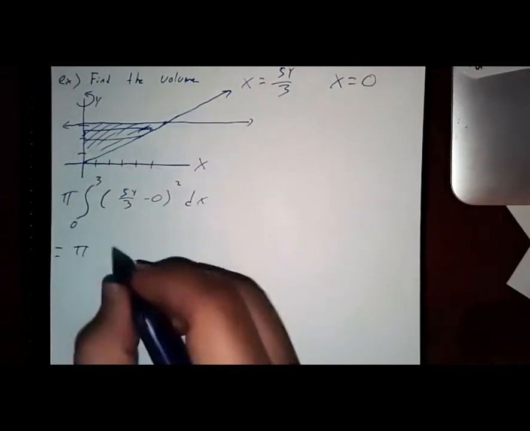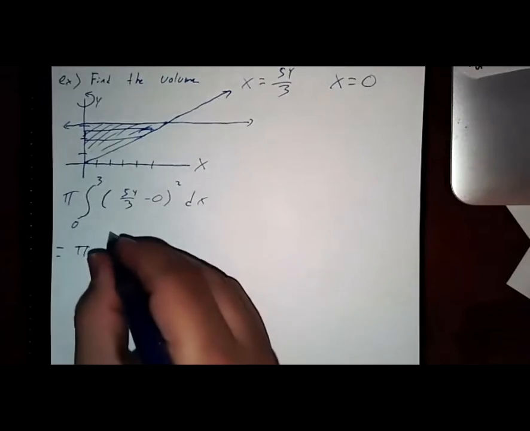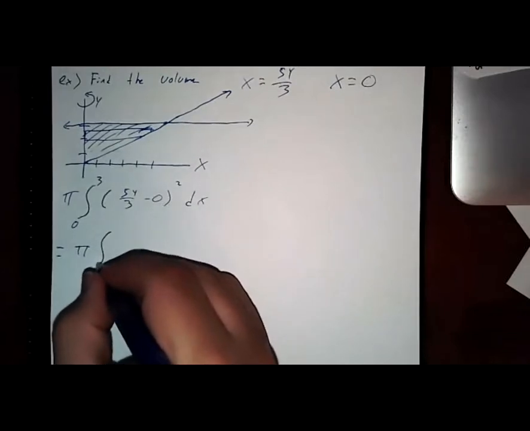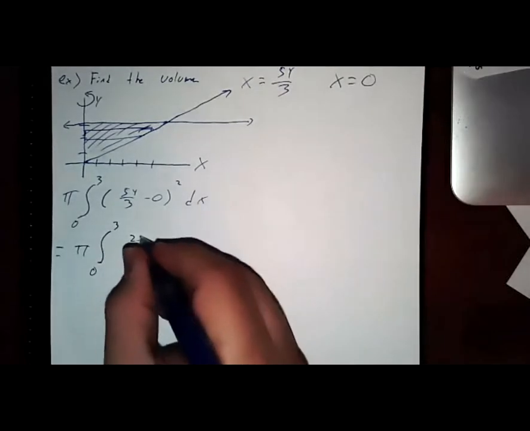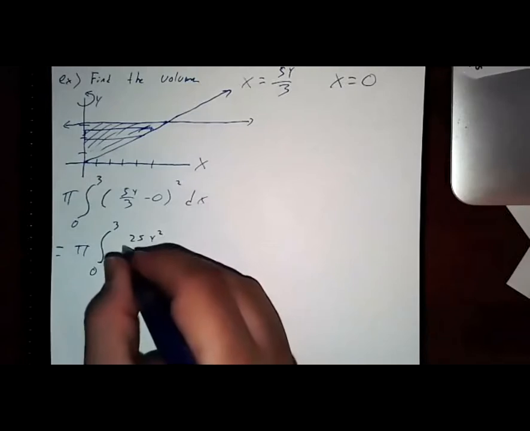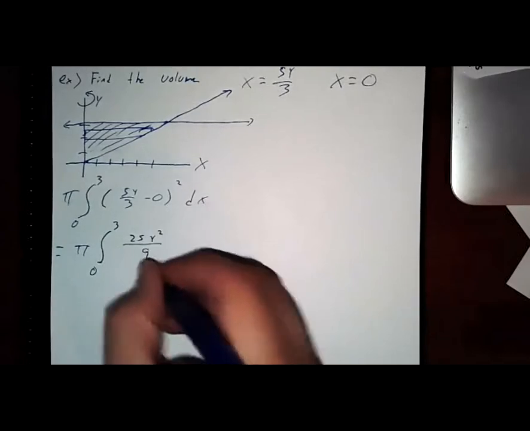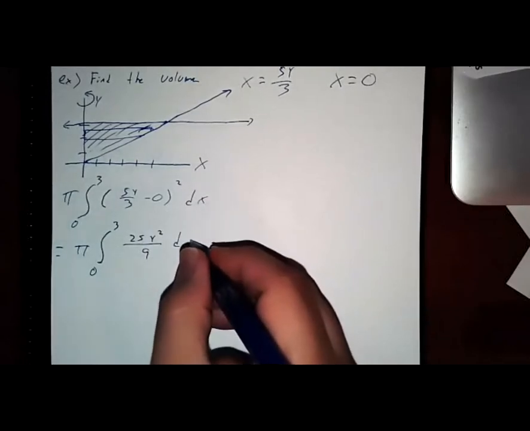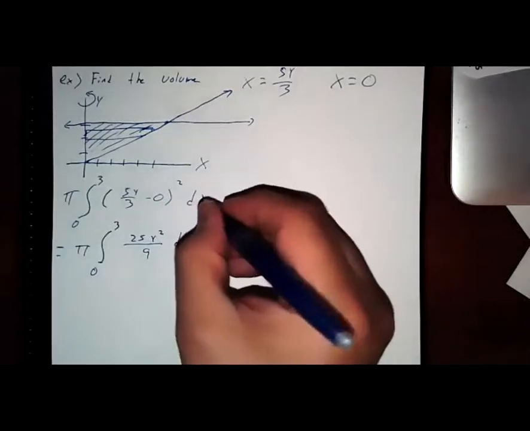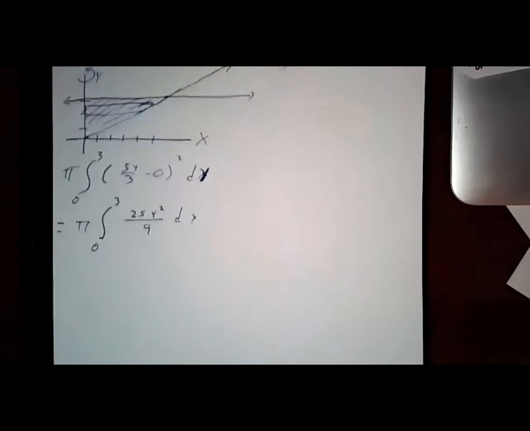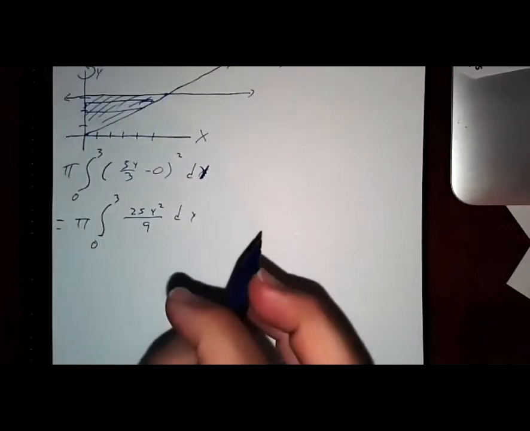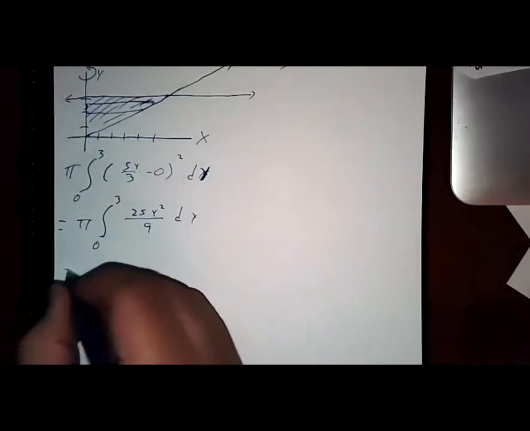Okay, so it'd be pi, integral 0 to 3 of 25y squared over 9 dy. So the integral doesn't seem too bad, right? So integrate that guy.